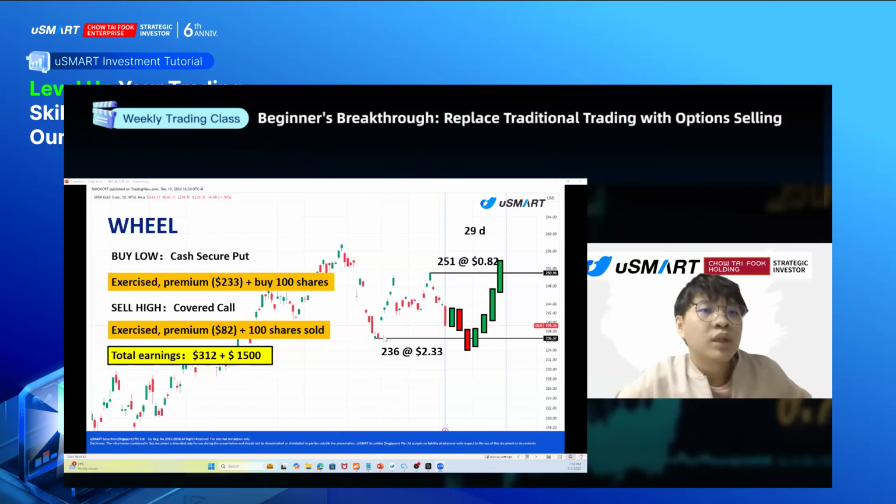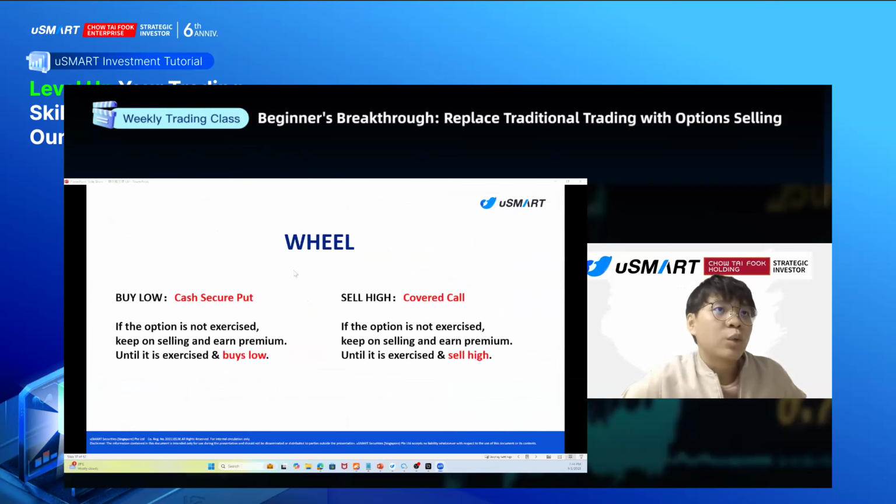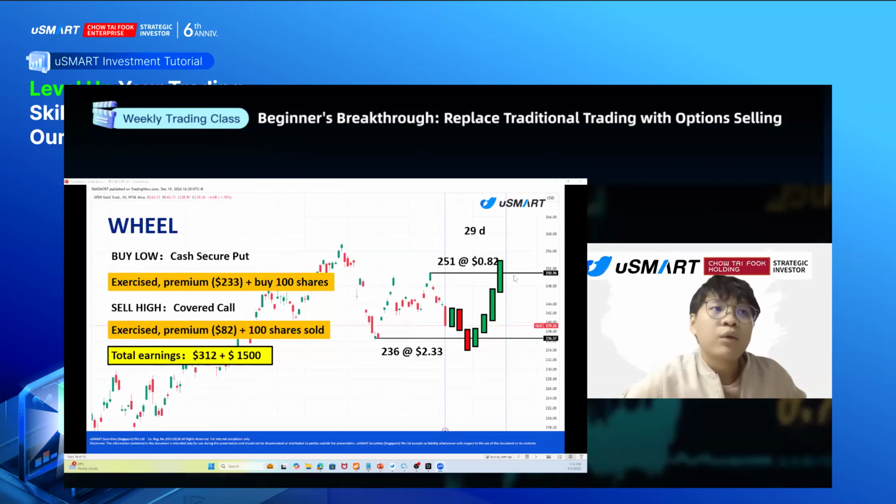So you might do a buy low here for 3 to 4 times until you get filled, and then this 233 will just keep on repeating and repeating and get into your pocket, you know. So this is actually just an illustration for one-time trading. So this is what we call a view strategy. We're replacing the buy low and sell high, whereby we're able to get this extra earning from getting the premium from the market.